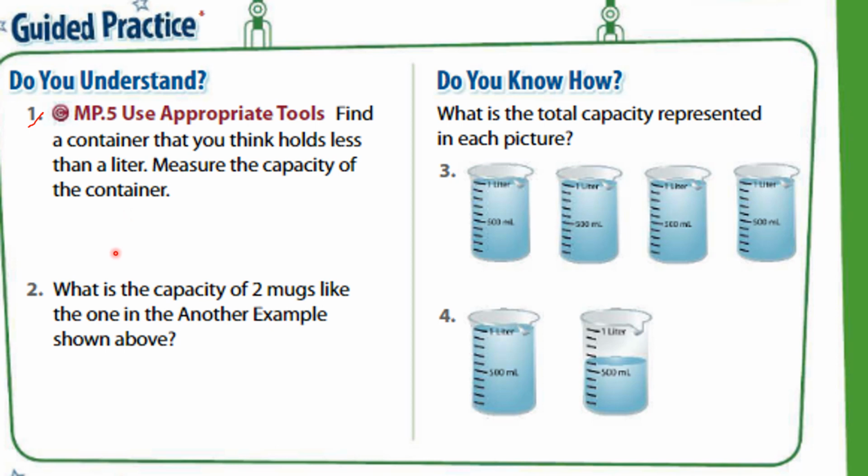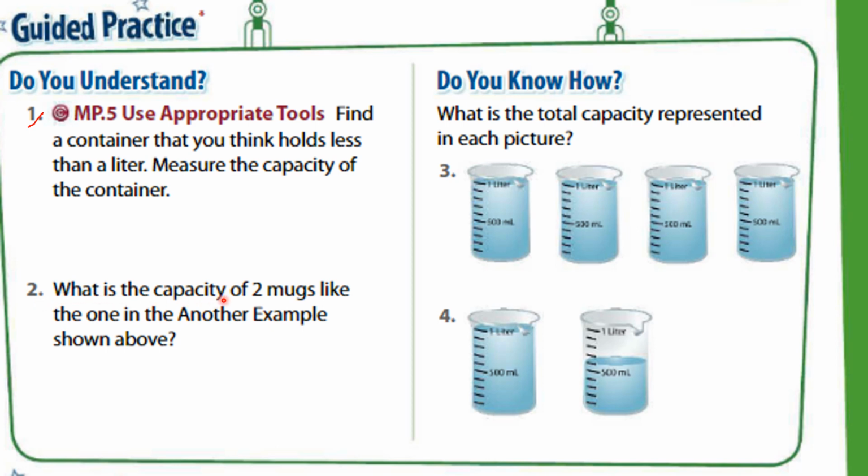Just draw the container here, or you can mention the name of the container and then write its capacity, that is, how many milliliters. Of course, if it is less than a liter, the unit you write with your capacity will be, excellent, milliliters. Very nice.